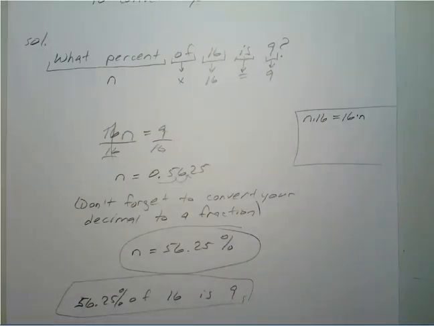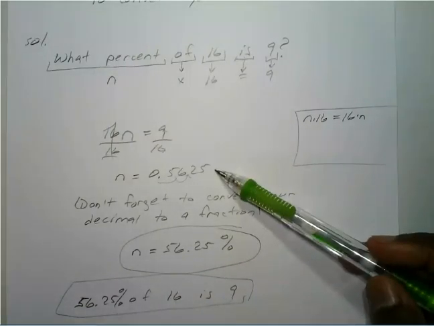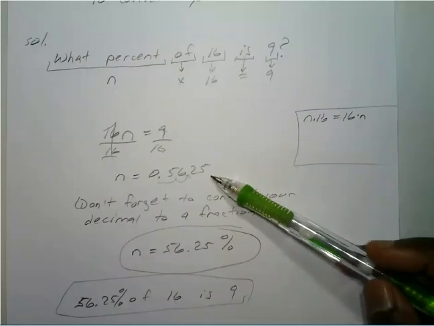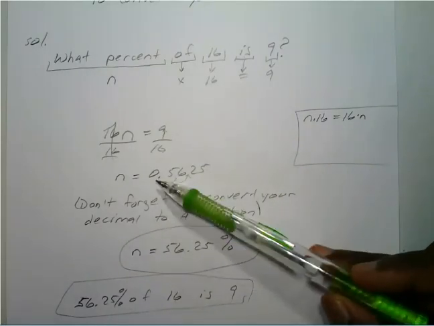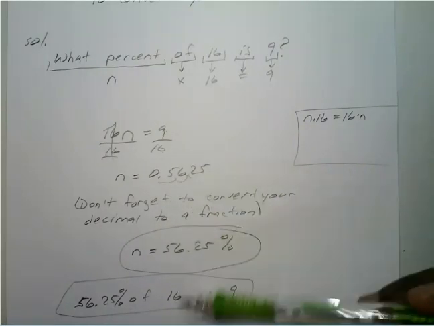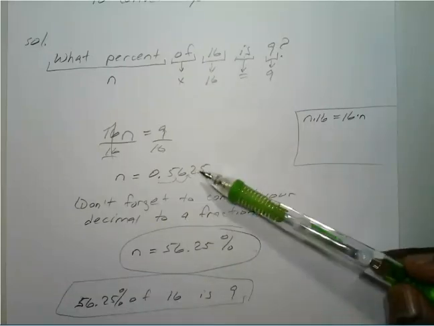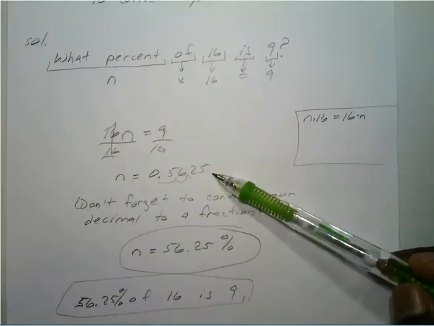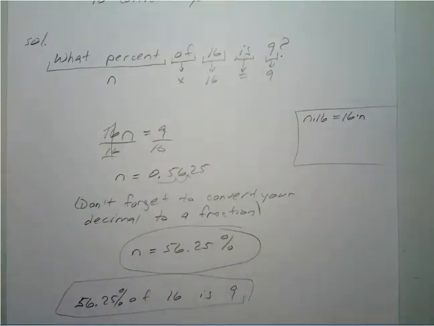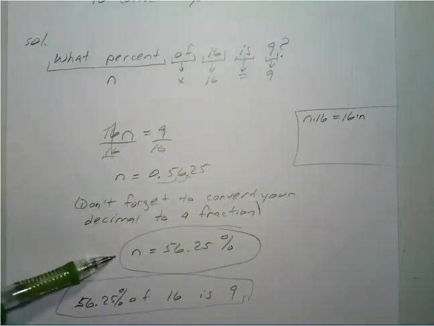Because if you did it incorrectly, and if you didn't convert it, and let's say you just stopped right here and put a percent sign, if you put 0.5625% of 16 is 9, that's like saying 0.5% of 16 is 9, and that wouldn't make sense. All right, so remember, always, always, always double check. You hate to do all of this work and then that one last little step makes your answer wrong.